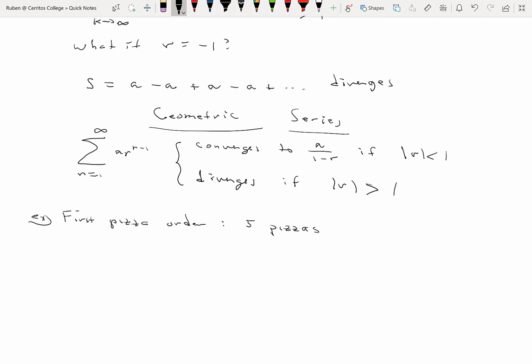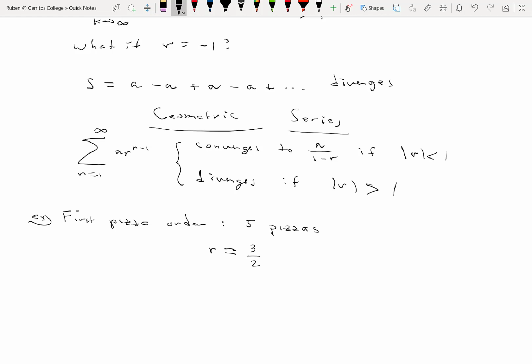First order of pizzas, 5 pizzas. And suppose that each subsequent order, this is where I can't remember, is, let's say, 1.5 times the previous order, 150% of what was ordered before.